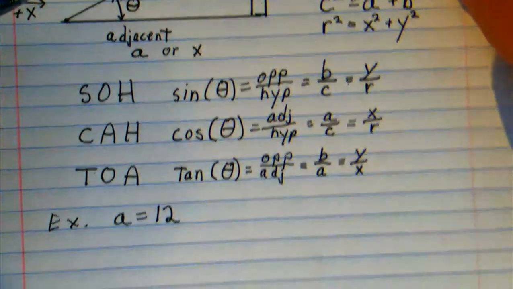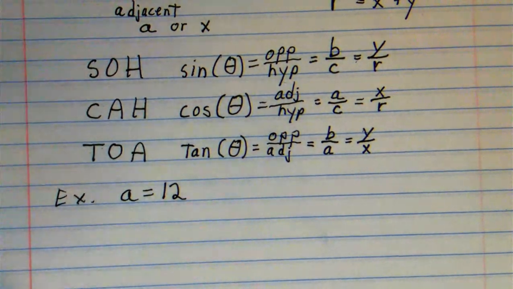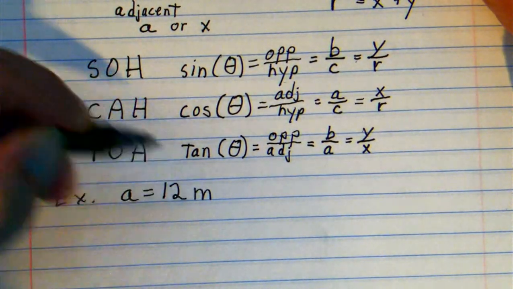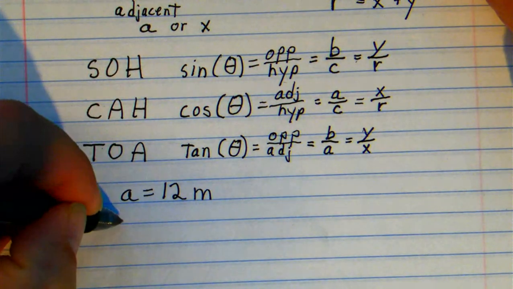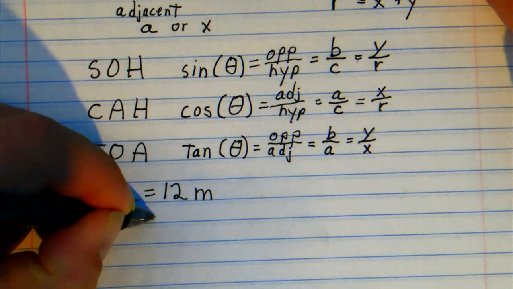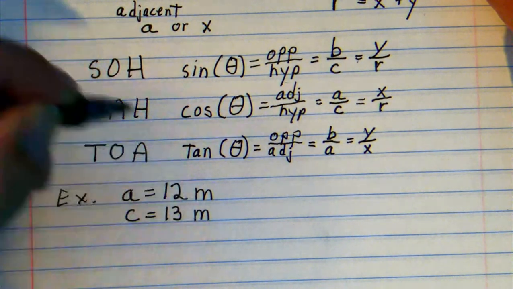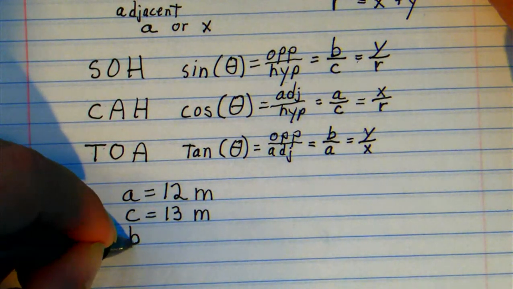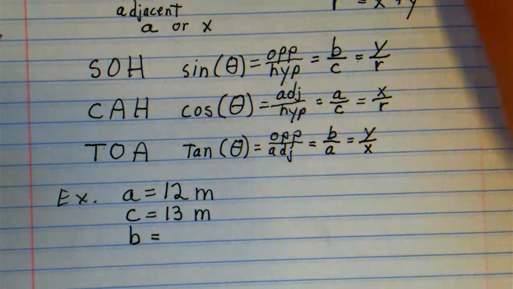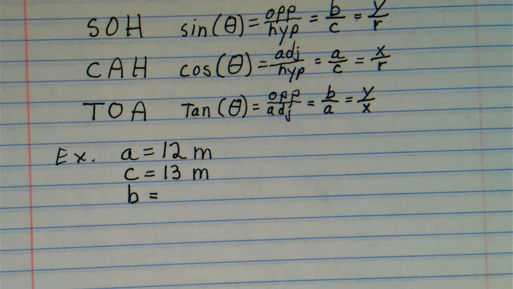And the units can be anything, right? Doesn't matter. I'll say meters, 12 meters. Meanwhile, the hypotenuse, C, let's say that's 13 meters. My question for you, what is the length of side B? All right, try that one.